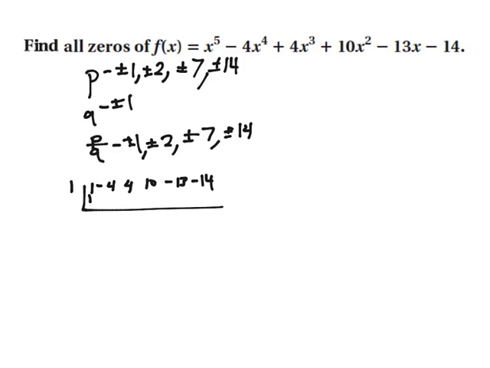Now we'll try negative 1. Drop the 1, negative 5, 5, 9, negative 9, 1, negative 1, negative 14, 14, 0. That one works. So right now we know one of my solutions is x equals negative 1.